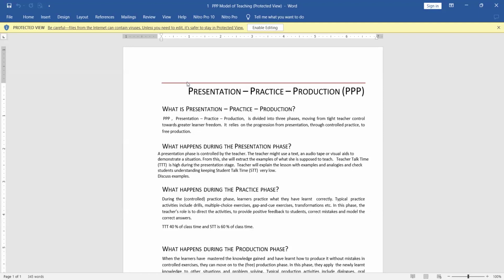So we looked at the approaches, teacher-centered and student-centered, grounded on behaviorism and constructivism as learning theories. If you take the PPP model of teaching, it is more or less grounded on behaviorism. So you can make notes. Now we are looking at the PPP model of teaching.